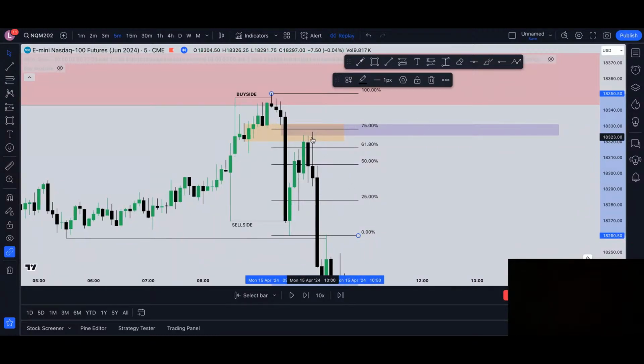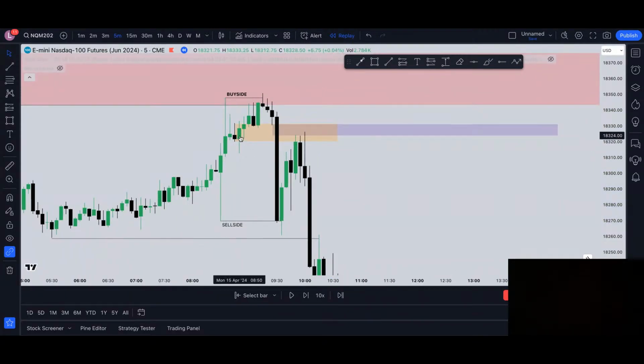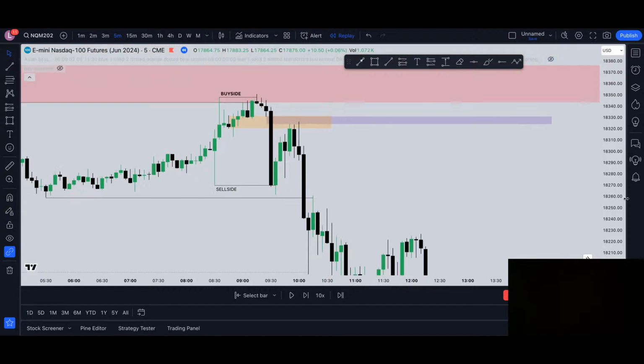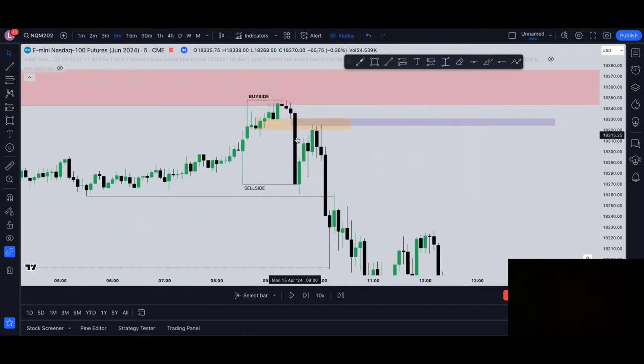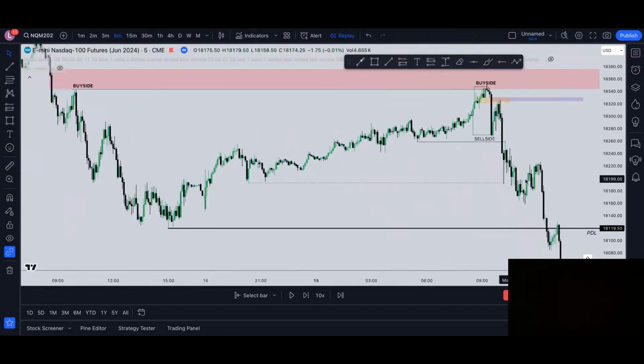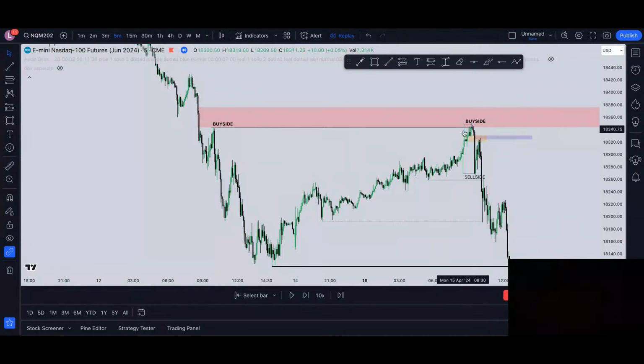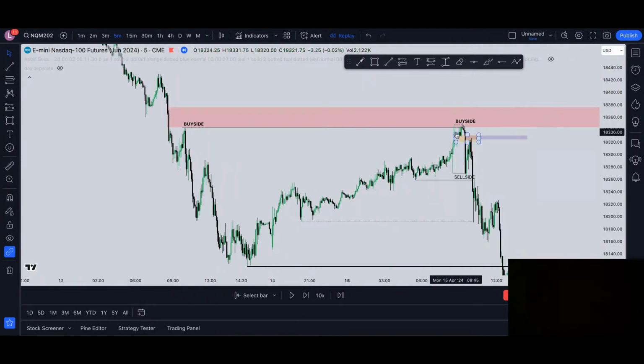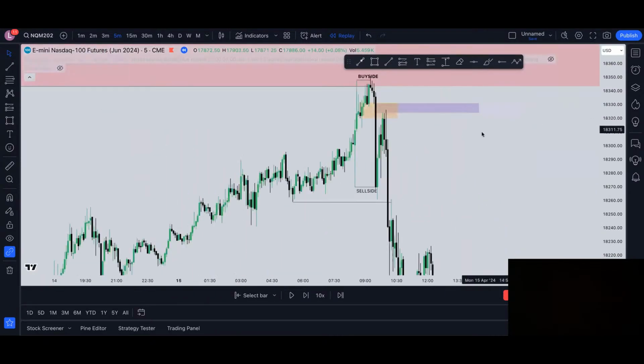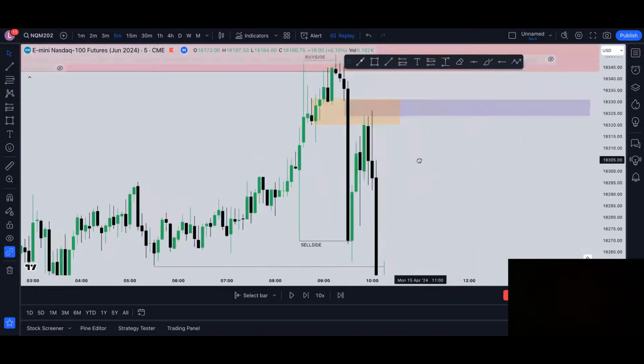Price came back. What is this? ICT's optimal trade entry, 61 and 75, and there's a breaker. So this was a high probability trade for the shorts. Market maker sell model. We are above equilibrium, and that's how you create a narrative and a high probability trade setup.